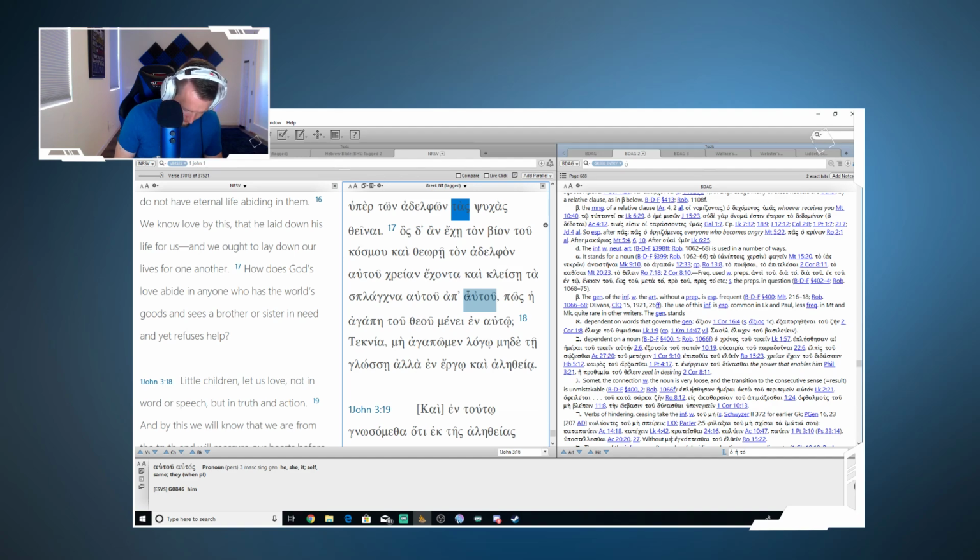Verse 17. Os dian echi ton bion tu kosmu ke theori ton adelphon av tu krian echon ta ke klisi tas blankna av tu ap av tu. Pos I agapi tu theu meni en av tu, or en av to.